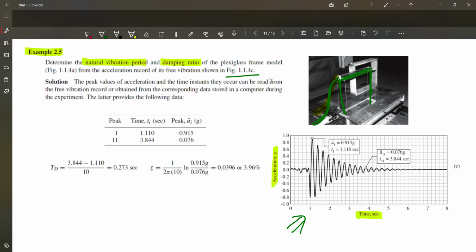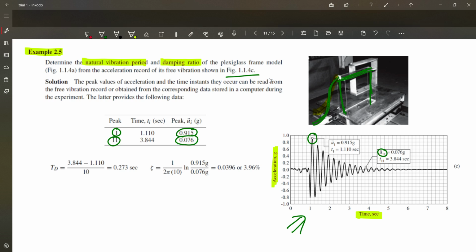Now let's see. The peak values of acceleration and the time instances they occur can be read from the free vibration. As you can see here, this is the first point: u double dot 1, peak 1, was 0.915 g. However, after 10 cycles, peak 11 was 0.076.